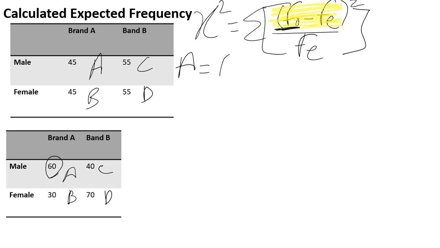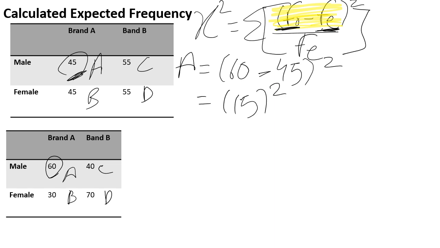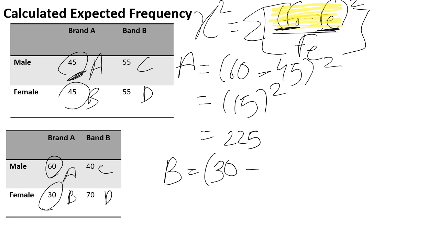For cell A, observed frequency is 60 minus expected frequency, which is 45, the whole square, which gives me 15 the whole square, it is 225. For B, it is 30, observed frequency minus expected frequency 45, gives minus 15 the whole square.